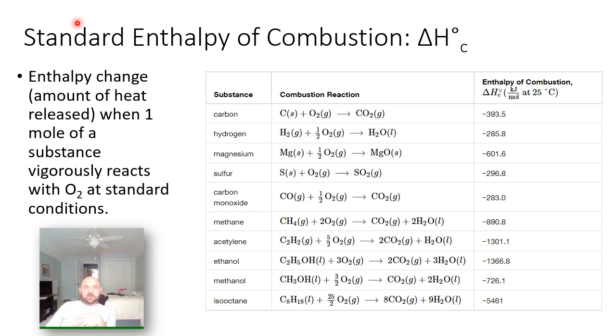So there's a lot of vested interest in determining how much energy we're going to get out of our reactants or our materials that are available. And that's what these standard enthalpies of combustion do, they tell us how much energy we get from reacting these certain chemicals.